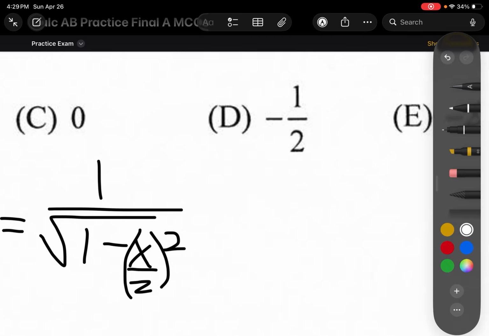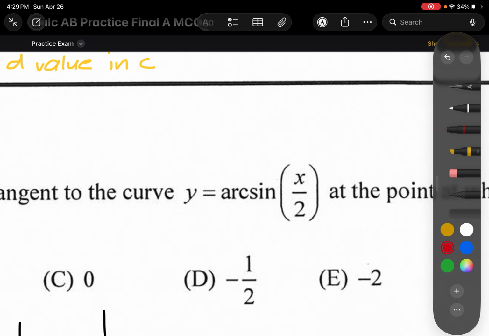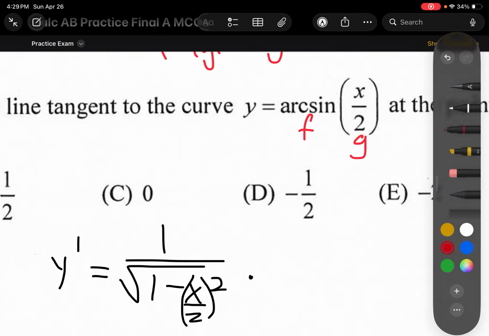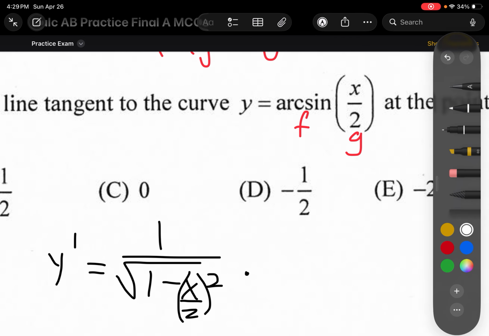Remember that we're trying to apply chain rule. The chain rule equation is f prime of g of x times g prime of x. So this was our f, and this is our g. We already found the derivative of f, and we left g alone. Now we need to find g prime, which is 1/2.